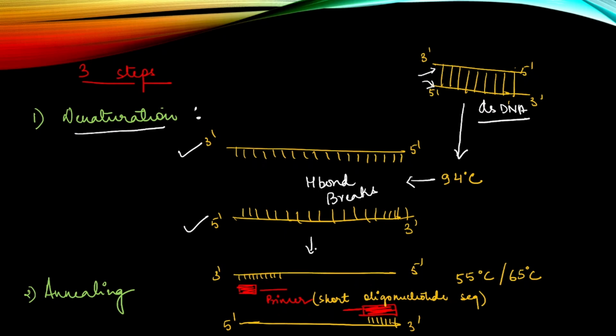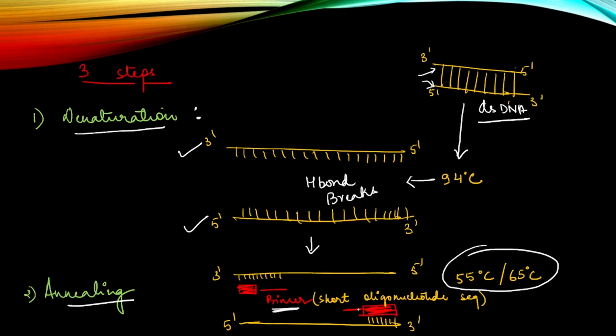Once the DNA strands are separated, that means the denaturation process is done. Our motive in denaturation is to break the hydrogen bonds so that the 2 strands get separated. The next step is annealing. Annealing means we reduce the temperature to 55 to 65 degrees centigrade, and at this temperature we add primer.